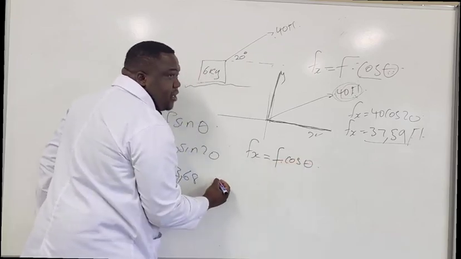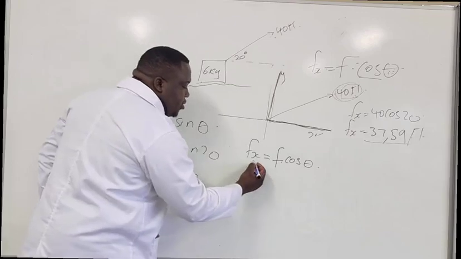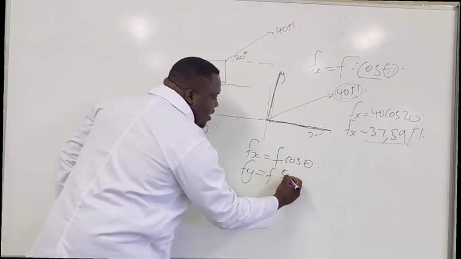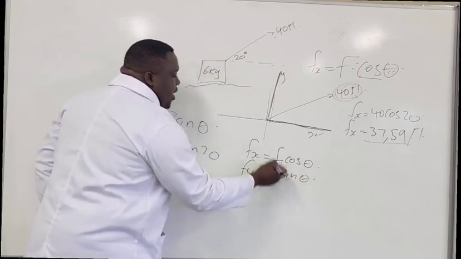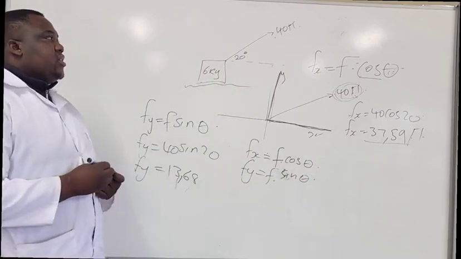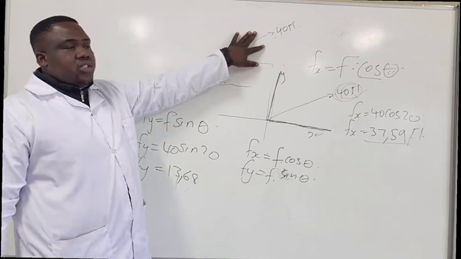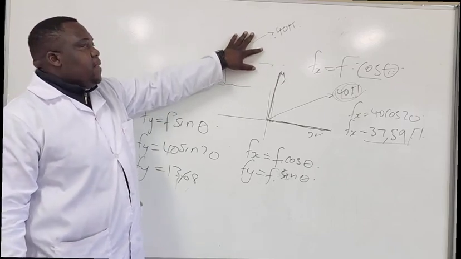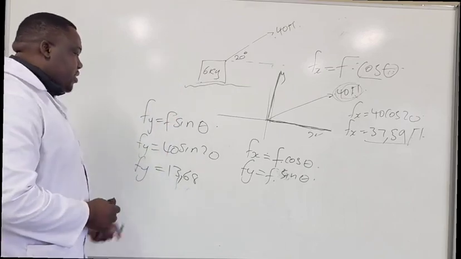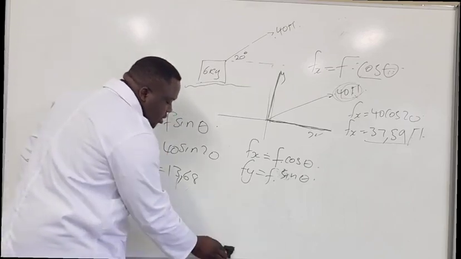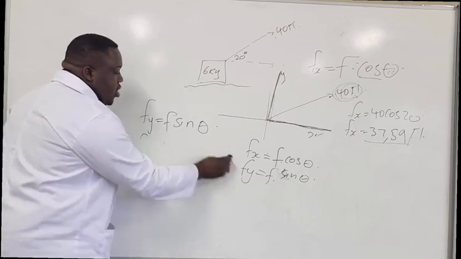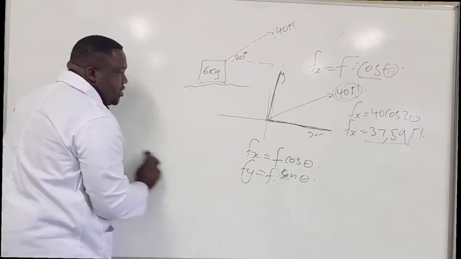To resolve into the vertical component, you just say Fy is equal to force multiplied by sine theta. Then you get the two components. So this force is going to have two components, the horizontal component and the vertical component, which is something that is very important that we check. So that's how we resolve our forces into two components.